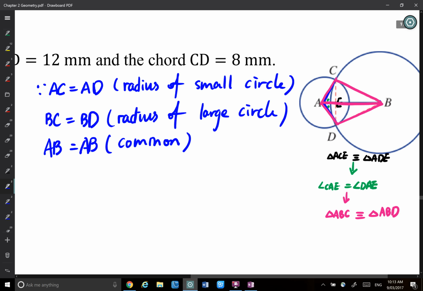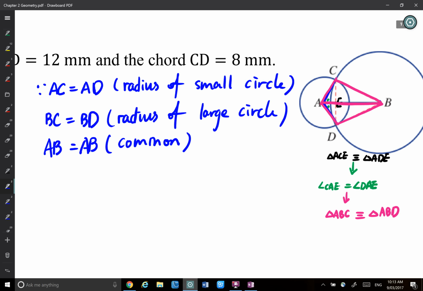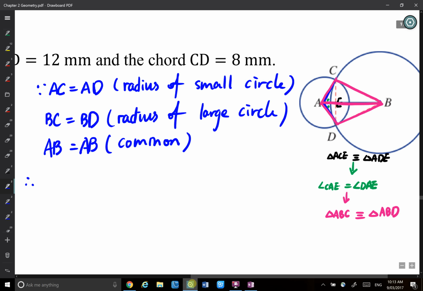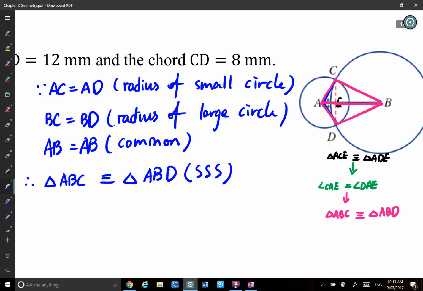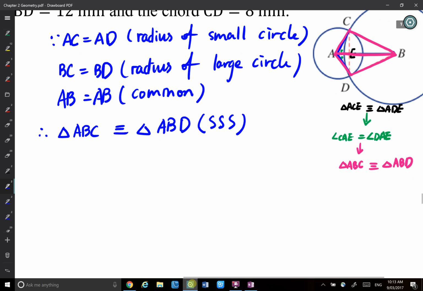Luckily, we have found three pieces of information, so I can prove that triangle ABC is congruent to triangle ABD by SSS. I have proved that those two triangles are congruent.